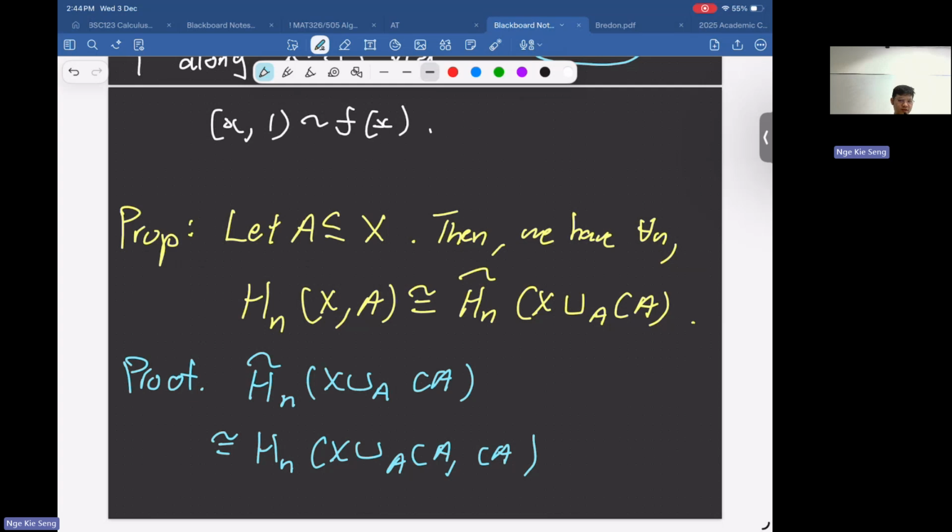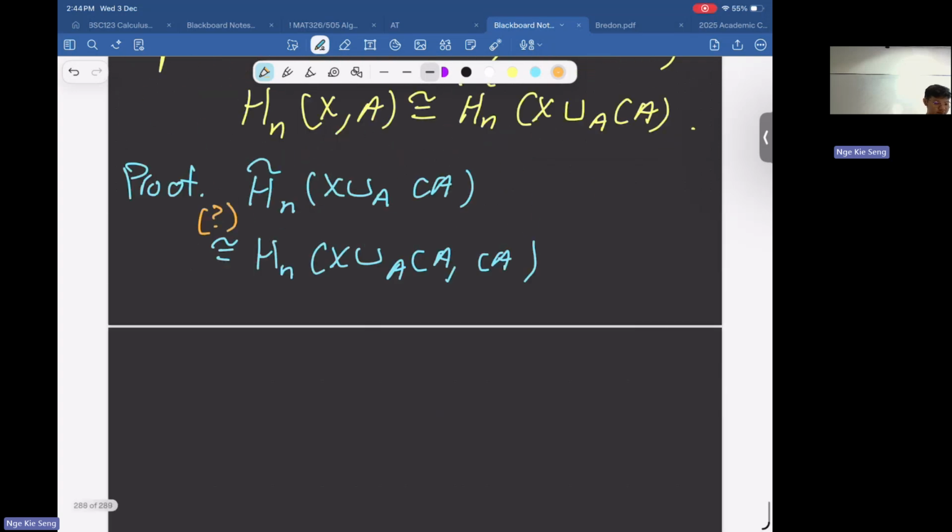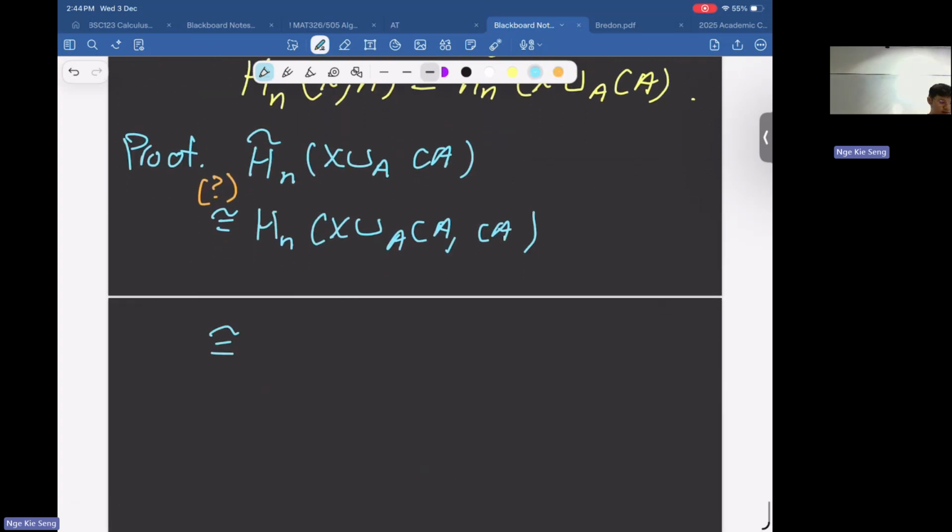我是不是漏了什么？想想看。Well, okay, this one, let's black box first. Later we want to figure it out. So if this happens, you can do excision.